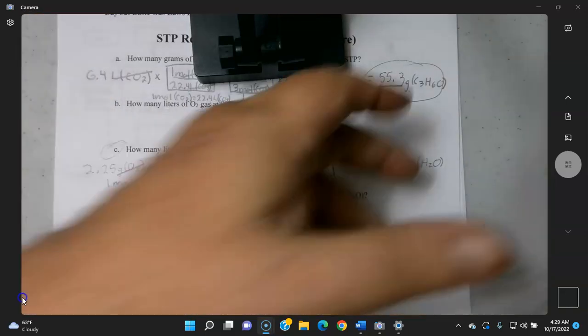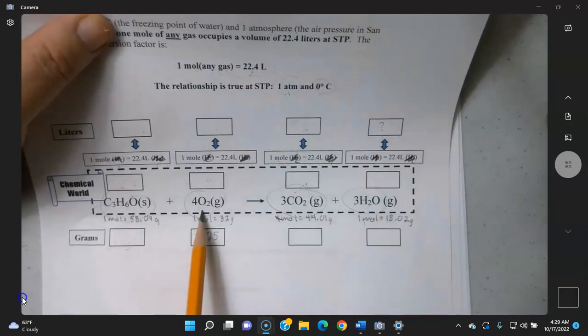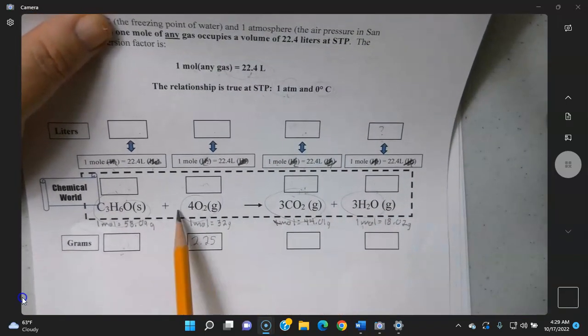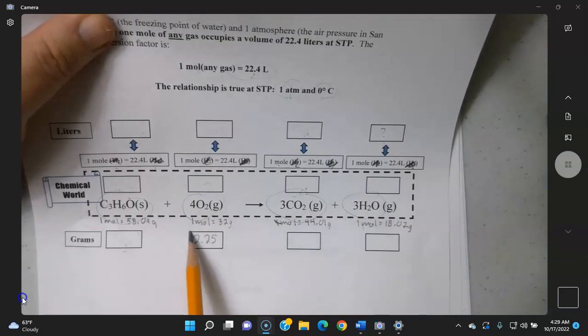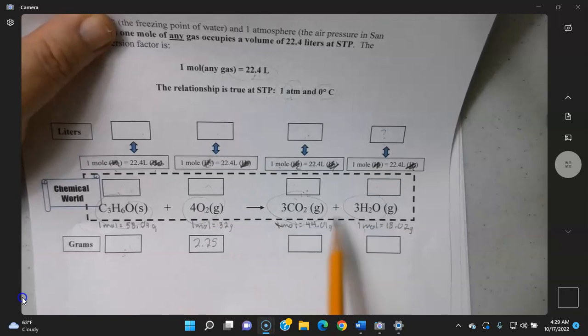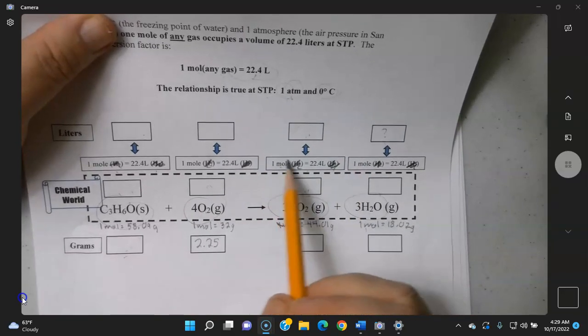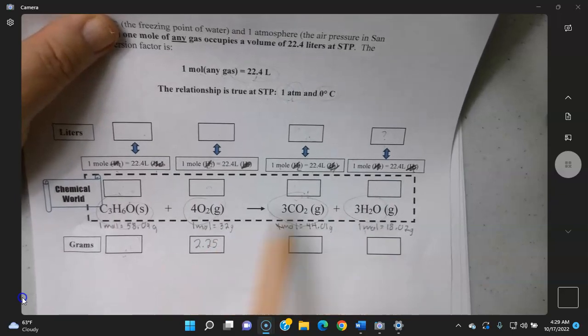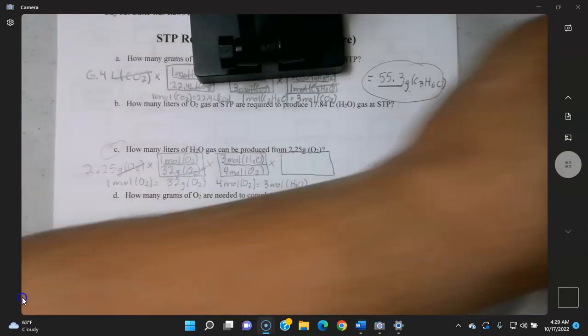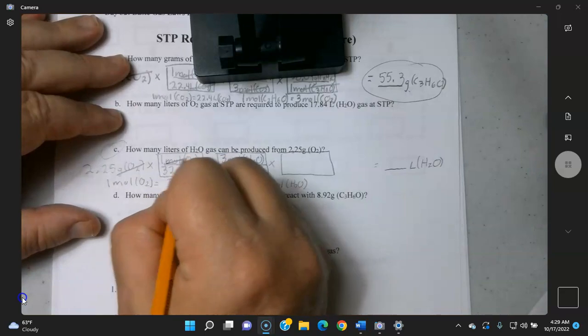And again, remember, the only time you use these coefficients in front of the substances is when you're going sideways. You never use them going up and down. Molar masses are always 1 mole, 1 mole. Even these up here are always 1 mole, 1 mole, 1 mole. So the 4 and the 3 are only used when you're going side to side.